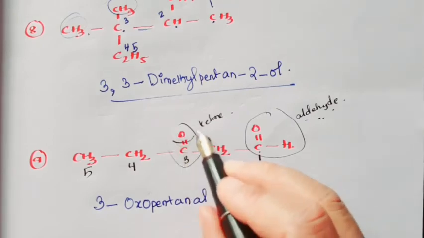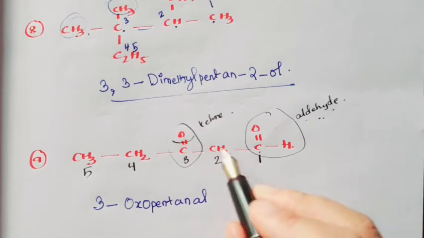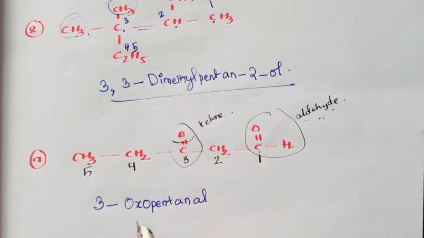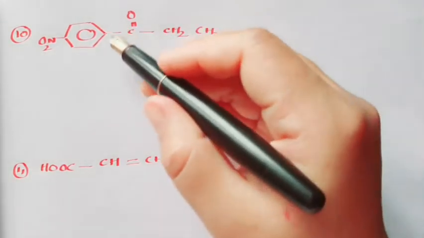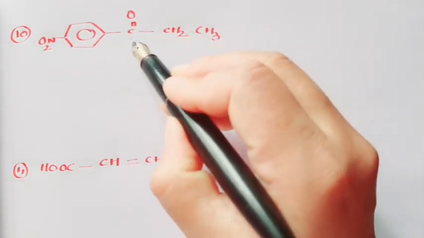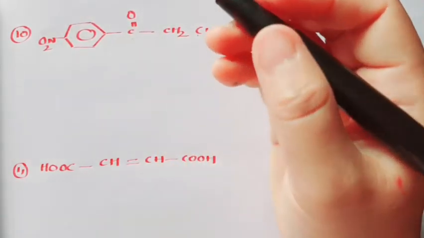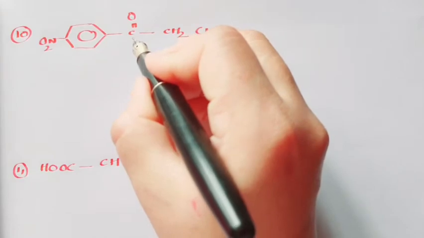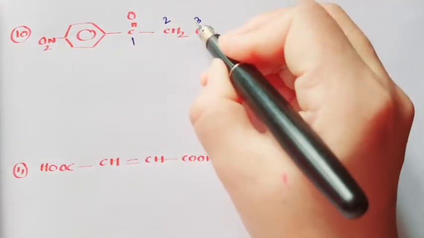Right, for the ketone, the carbon is already included in the chain. So O remaining above, we write oxo as a substituent. Now we are going to choose this chain and number it. While numbering, this is your functional group, so it will get the preference. So 1, 2 and 3.